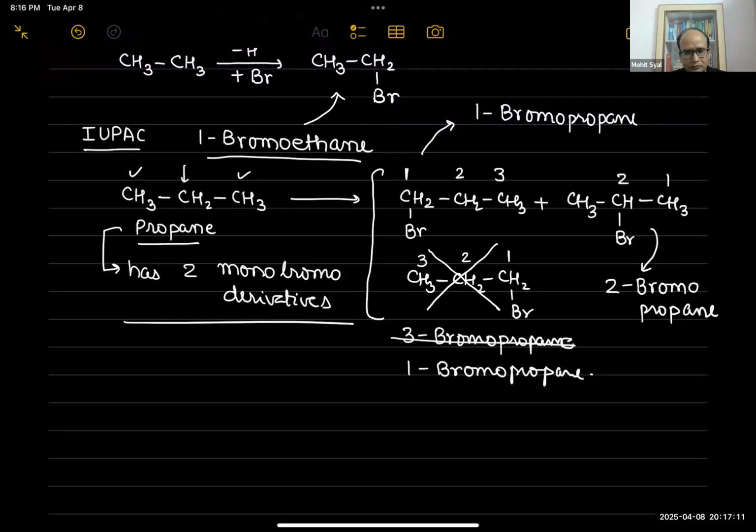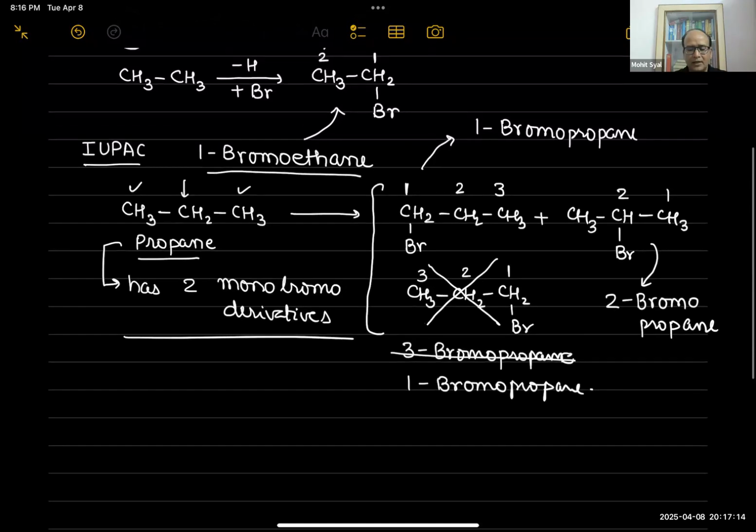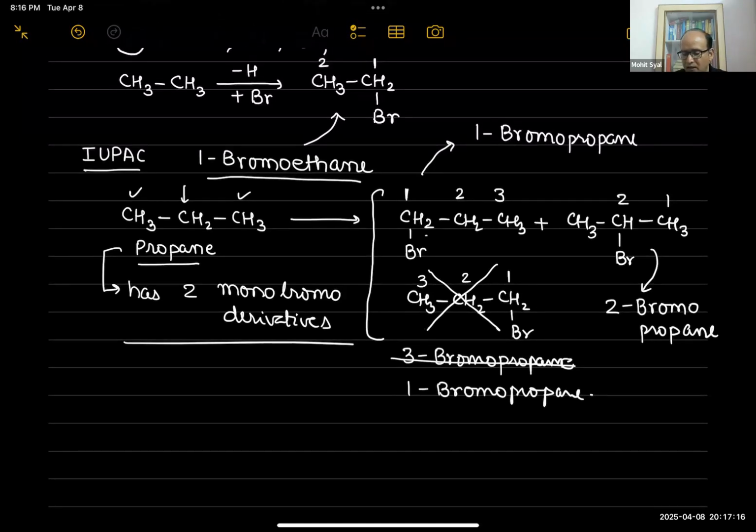Got it? Yes, sir. And this is a primary carbon. This is primary. What do you mean by primary? Zainab, Jasleen, Ibrahim. First carbon.